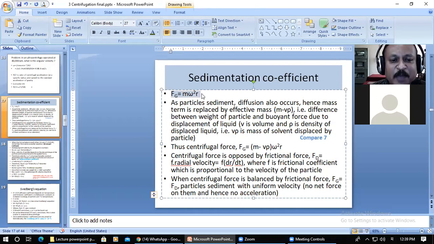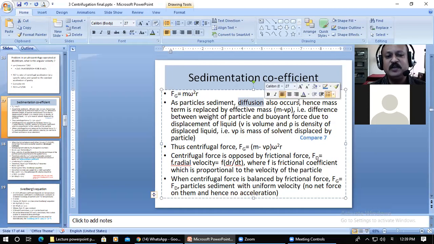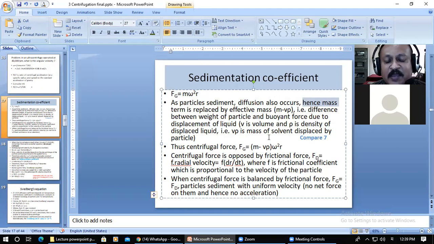As the particle sediments down in a liquid, along with the sedimentation, diffusion is also going to happen. Because of this, we replace the term mass of the particle. The mass will not remain as such because there is a diffusion force also, and therefore it is replaced by what is called the effective mass.